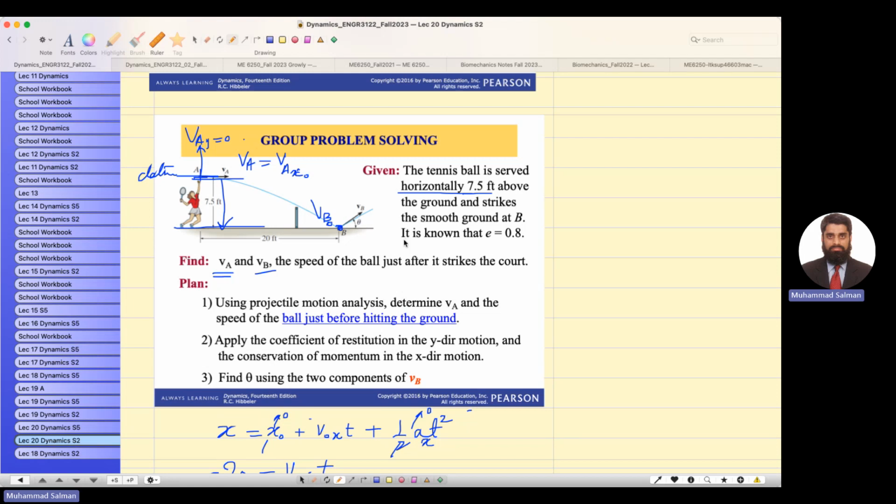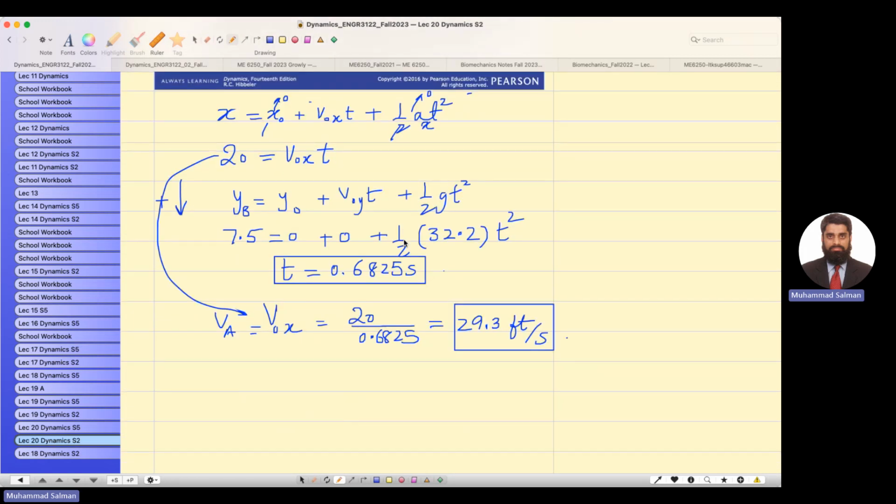We need two components. We have already found the horizontal component, because the horizontal component remains constant throughout the projectile motion. And for the vertical component, VBY equals initial component plus g times t.